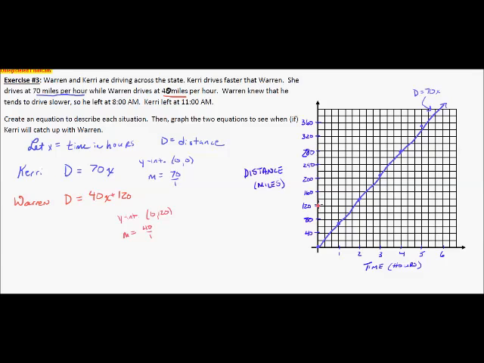He's going to go 40, and each one of these blocks is 20, so I'm going to go up 40, and I'm going to go over 1, and there's his next one, and I'm going to go up 40 again, and over to 2 hours, and up 40 again, and over there, and up 40, and you can see these are going to come together right at that 4-hour mark.